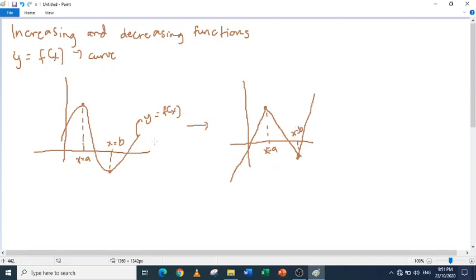So, to get these values, a and b are called the critical values. So to get the critical value, get the derivative of the function. So y prime equals f prime of x, and then equate it to 0 to get the critical values. Okay?